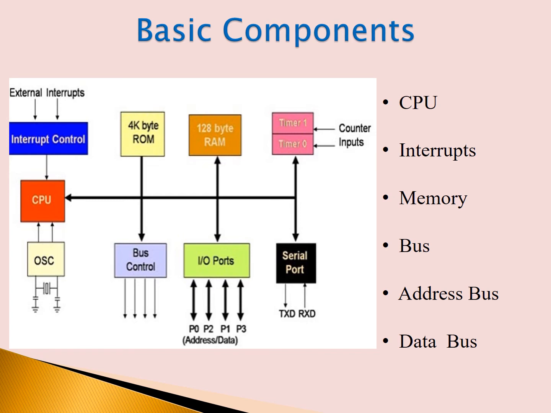The address bus consists of a 16-bit address bus and it is used to transfer the address from the central processing unit to memory. And the data bus consists of an 8-bit data bus and it is generally used to transfer the data from one peripheral to the other peripherals. And it also has a stack pointer which is capable of carrying an 8-bit register.